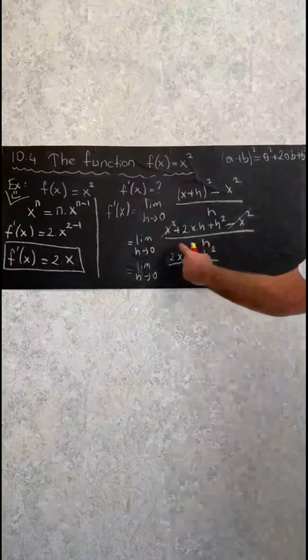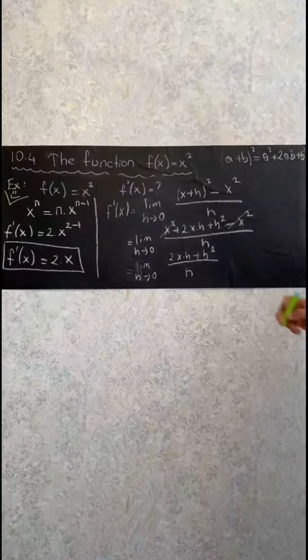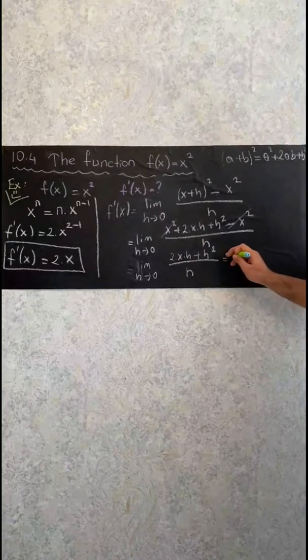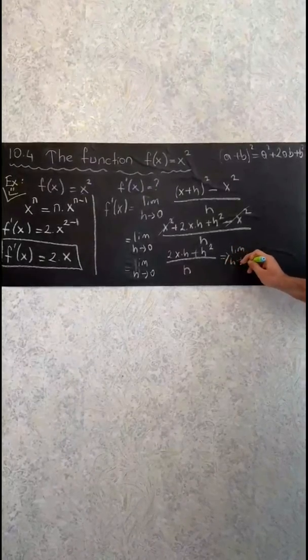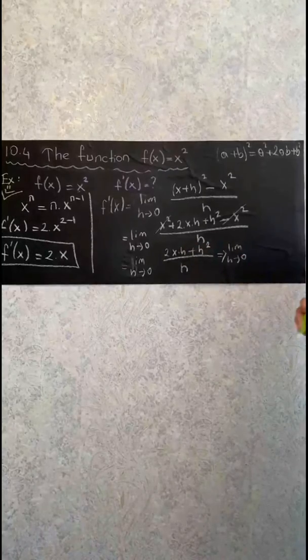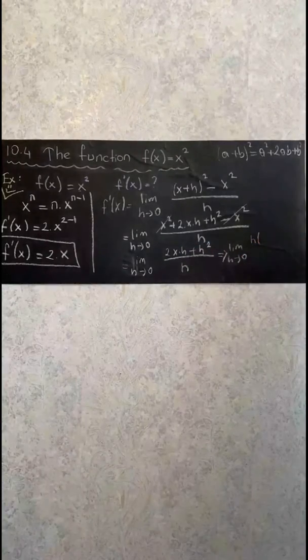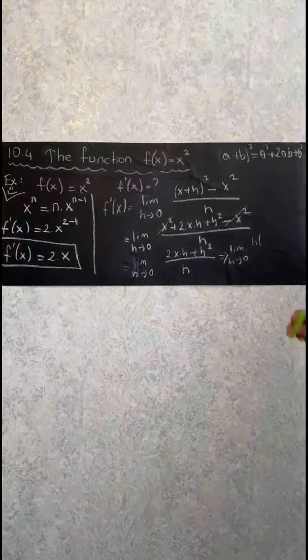Then in the numerator we use the common factor. In the limit as h approaches 0, h is a common factor, yes, you can take h outside the parentheses.